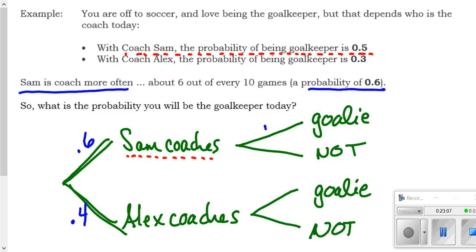So there's a 50% chance of my being goalie, which means there's a 50% chance that I'm not goalie. However, Coach Alex makes different decisions. Coach Alex gives me a 30% chance of being goalkeeper. And if that's 30%, the complement of that is 70%.